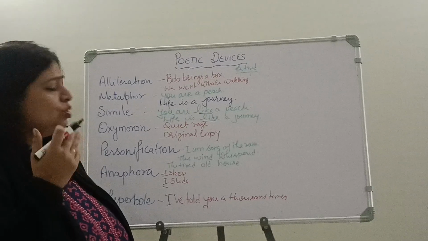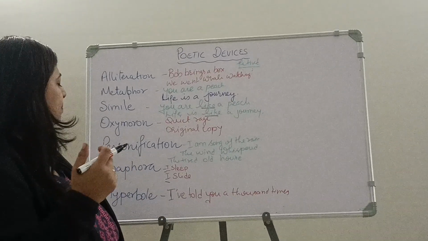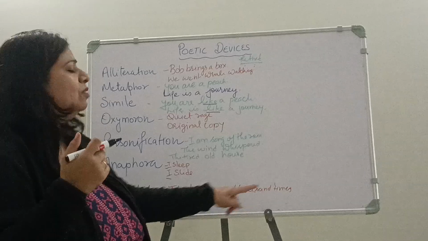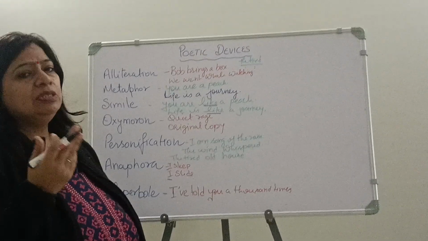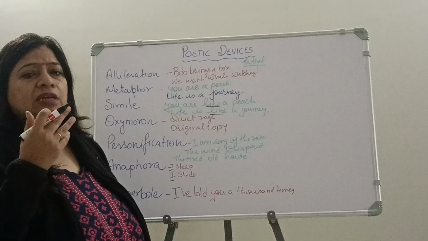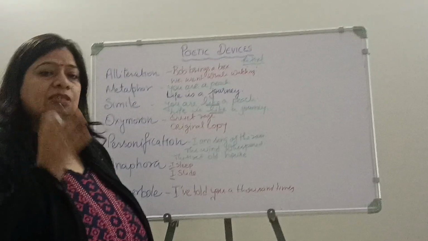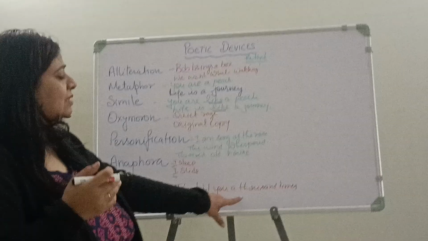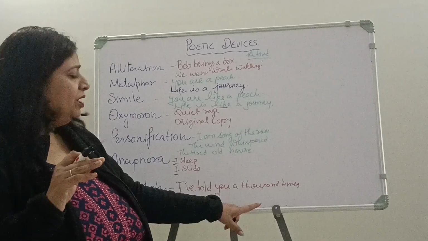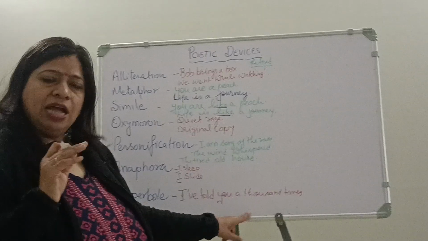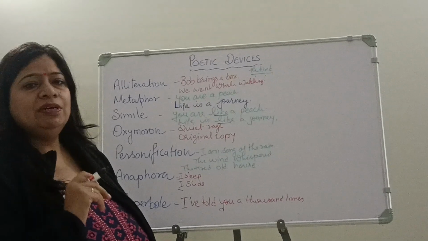So we use hyperbole here. I have told you 1,000 times. Usually it does not happen. Nobody tells anything 1,000 times, right? So something is exaggerated to this extent, which is hard to believe. So here we have hyperbole. I hope you have understood it.